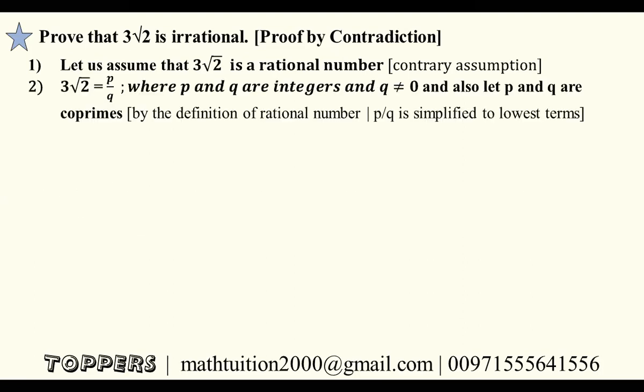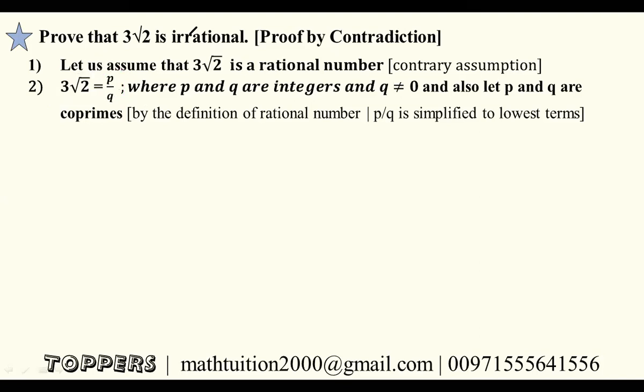Since it is a rational number, we can write it in the standard form: 3 root 2 equal to p by q, where p and q are integers and q not equal to 0. Also let p and q be coprimes, in simplest form.